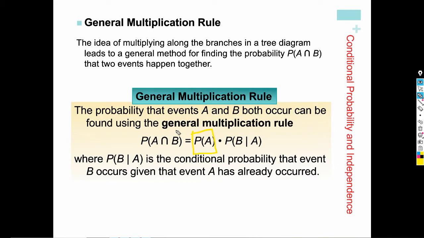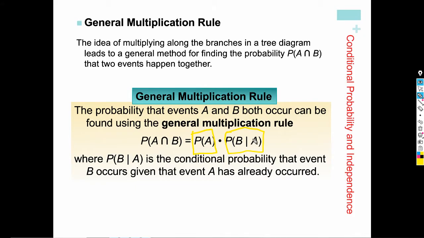If I want both A and B to happen, then I need to talk about A happening first. Well, then after that, given that A already happened, B also needs to happen on top of that. So I need A to happen, and I need B to happen at the same time that A has already happened.